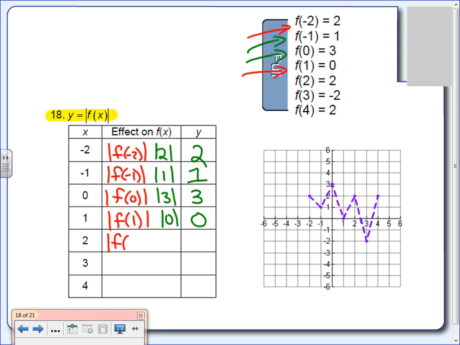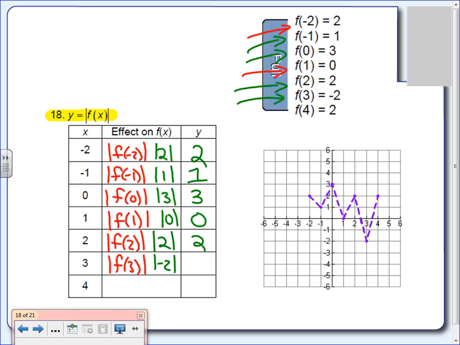Next one, let's plug in a 2. f of 2 is 2. And the absolute value of that 2 is 2. Next one. Plug in a 3. Right over here it says that f of 3 is a negative 2. And what is the absolute value of a negative 2?